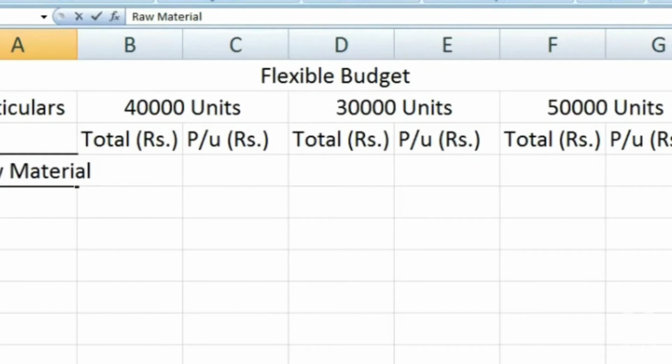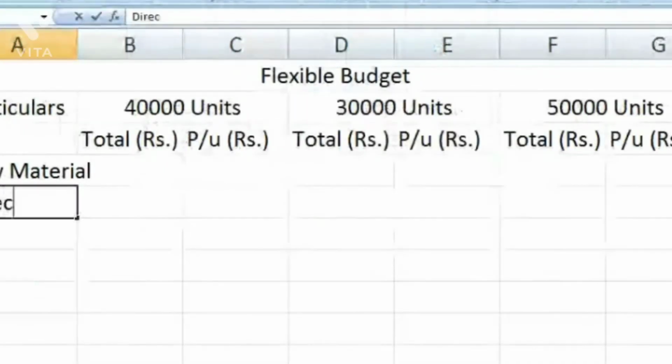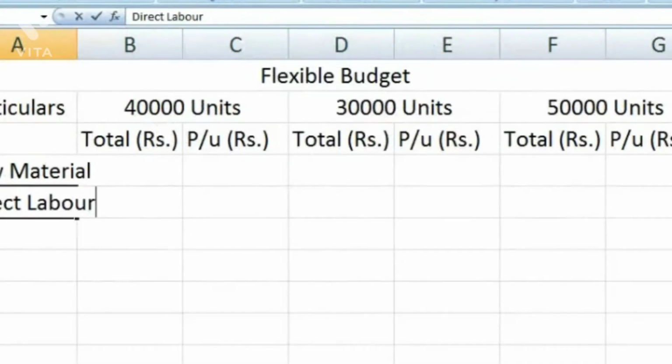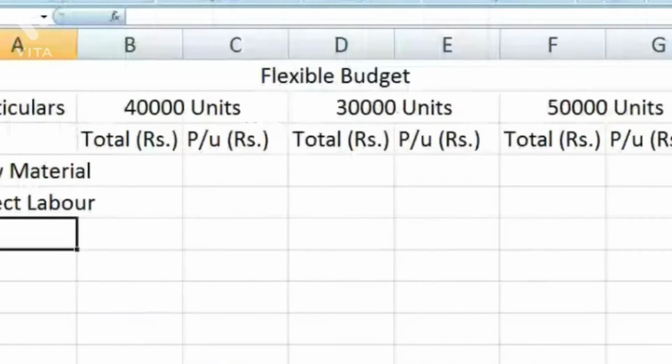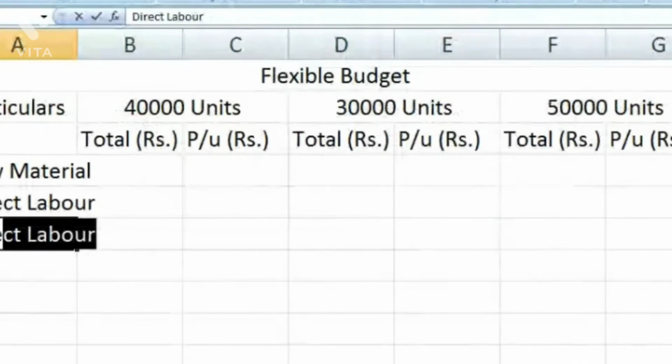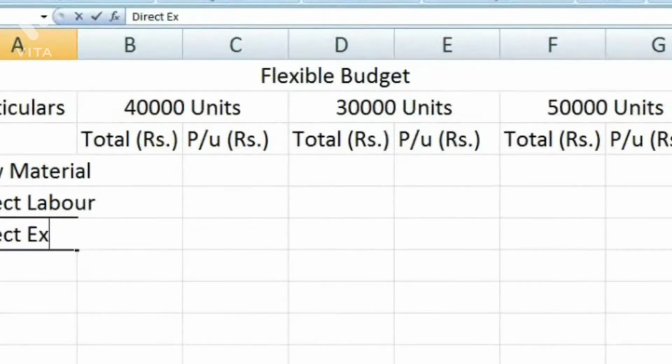Then another thing is direct labor, right? And the next thing is direct expenses, right? And the total of these three is known as prime cost. You know that we already learned the cost sheet.